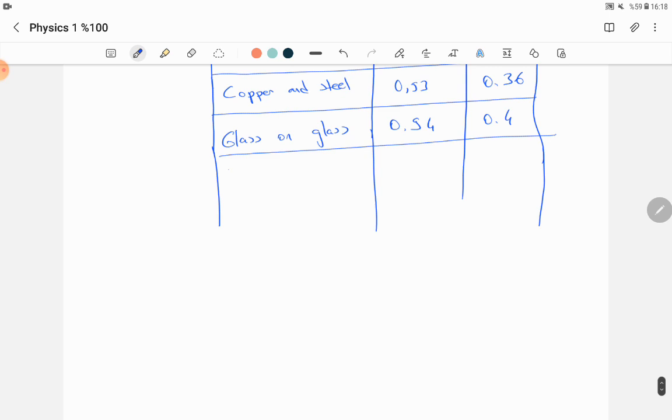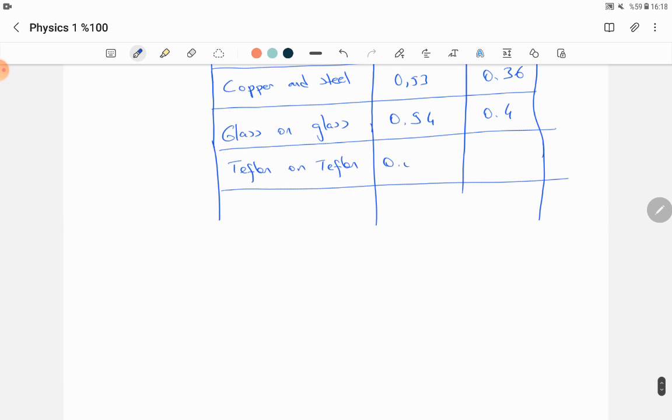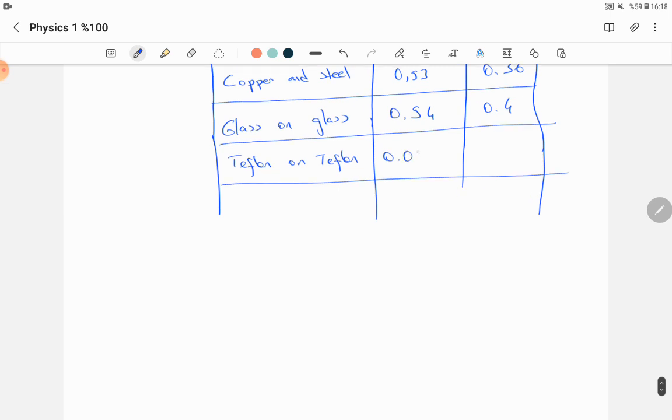Teflon on Teflon equals 0.04, equal for the static and the kinetic friction coefficient.